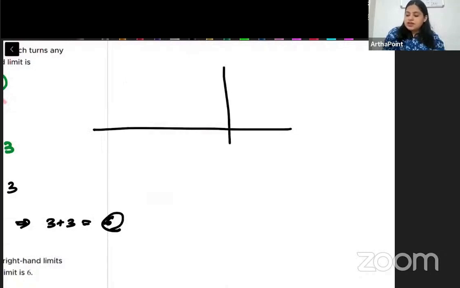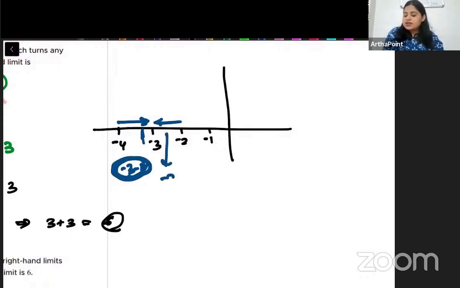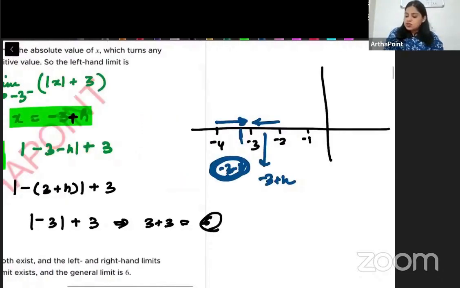This is -1, -2, -3. I'm approaching -3 from the left hand side, so I have to subtract something from -3. I'm approaching -3 from the right hand side, so I have to add something to -3.